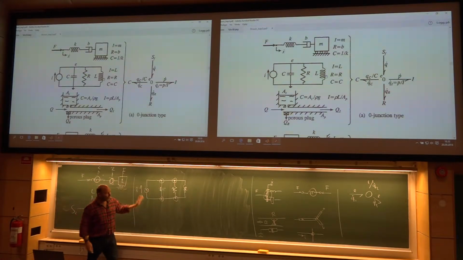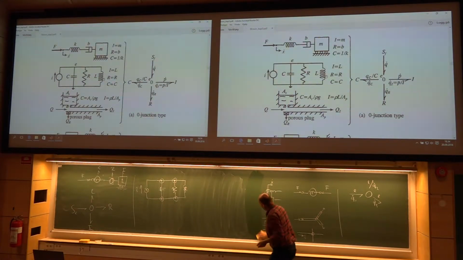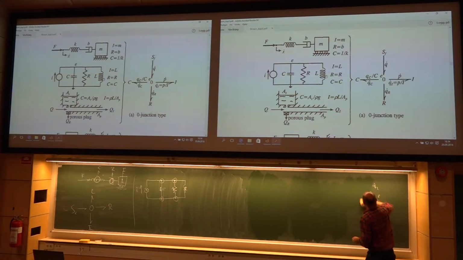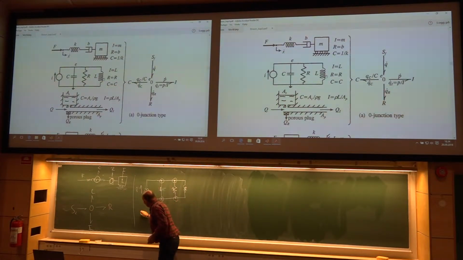So the raw bond graph for this problem is actually quite messy. So it should look something like this. Let's see. We have a current source. What's the current? That is the flow. So it's the flow source hitting a one junction.